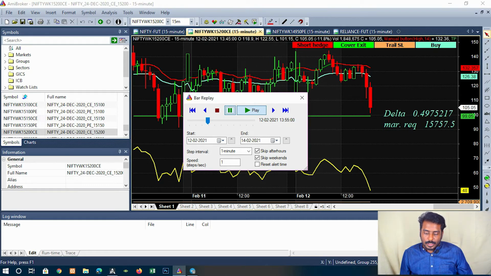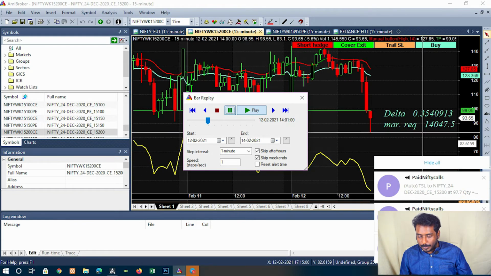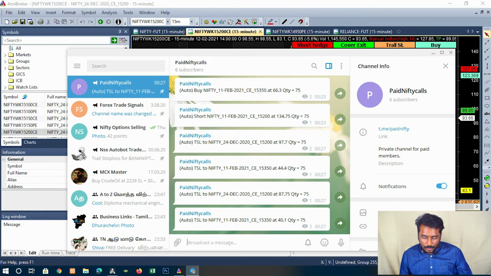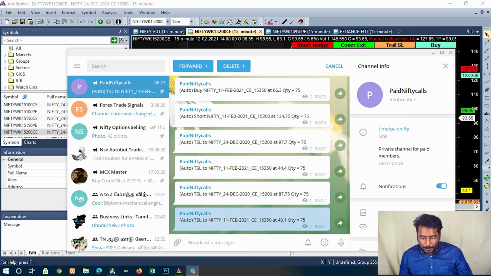So now I'm just moving it. Whenever the price hits, immediately what happened is, once the price touched 99 rupees, my bot is saying, hey, come on, it's time to exit. So what it's saying is, trail the stop loss. Okay, let's close this actually.